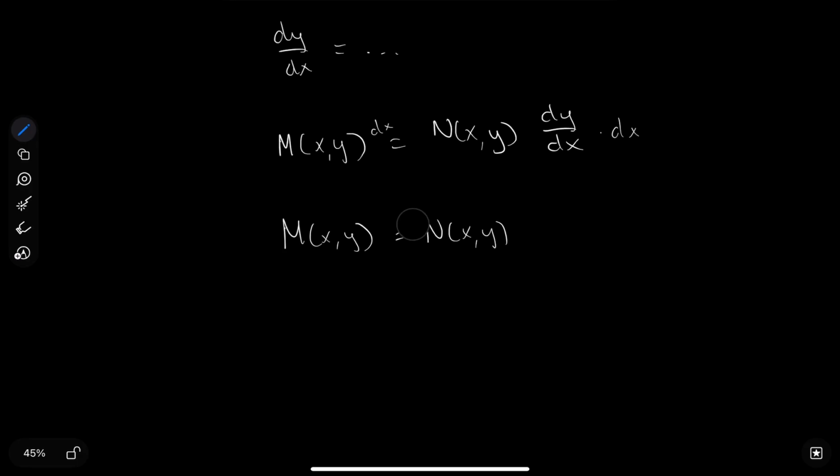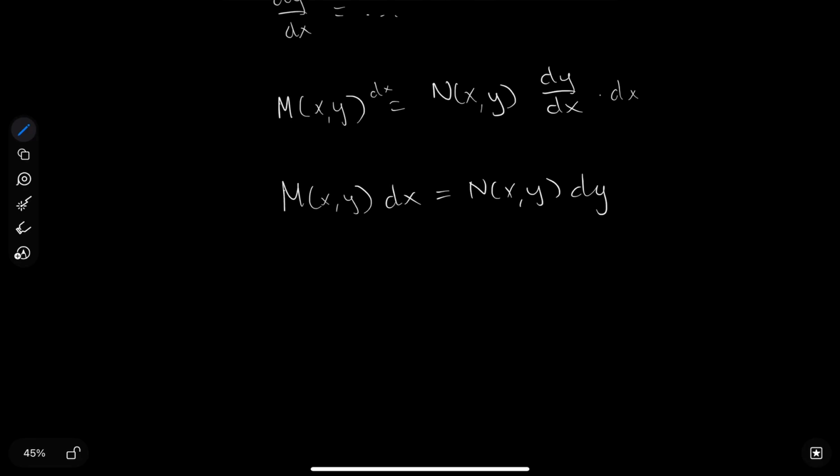Nope, I missed the dx in there. Apologies. And we can move that term over, and since it's kind of an arbitrary function, we'll just absorb the negative sign and call it M(x,y) dx plus N(x,y) dy equals 0. Great.